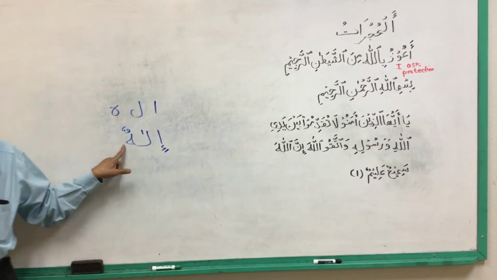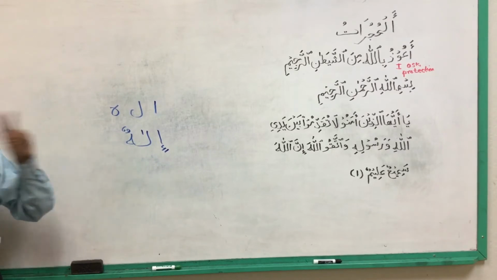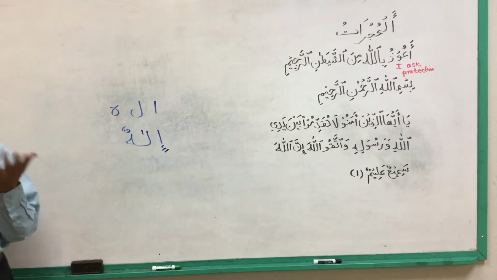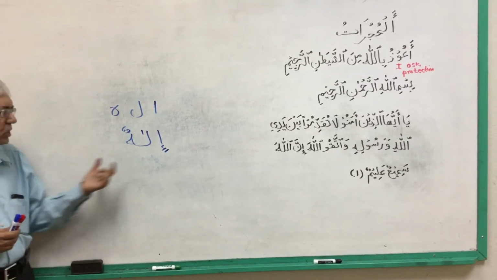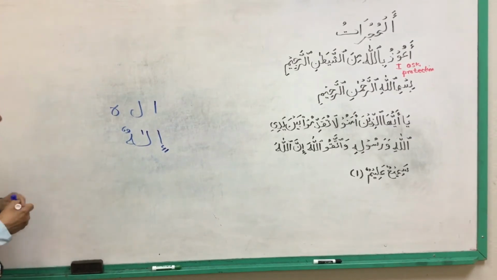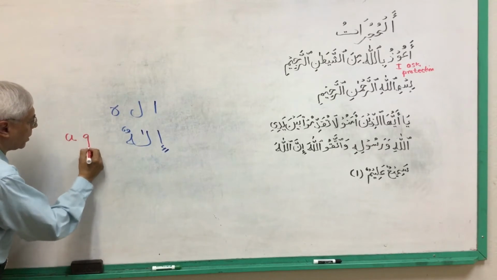I always mention that the third letter will have two dhammas, always in a noun. And the sound is as the sound of Noon. Tanween sound is Noon. So the sound is Ilahun. Ilahun is a word in Arabic which means a God.